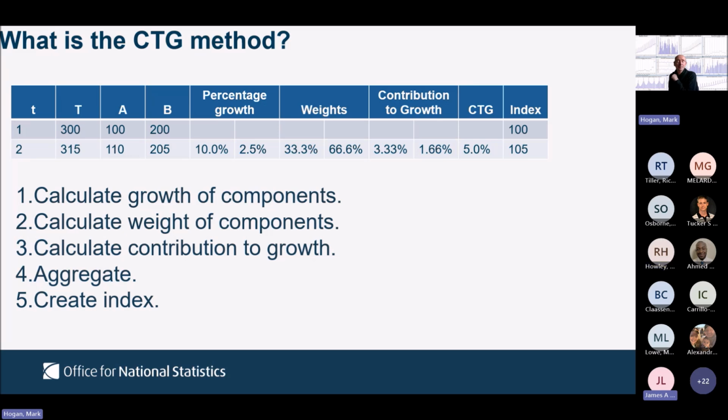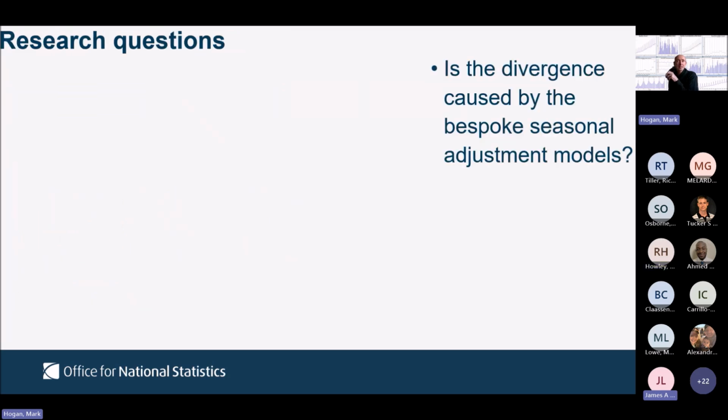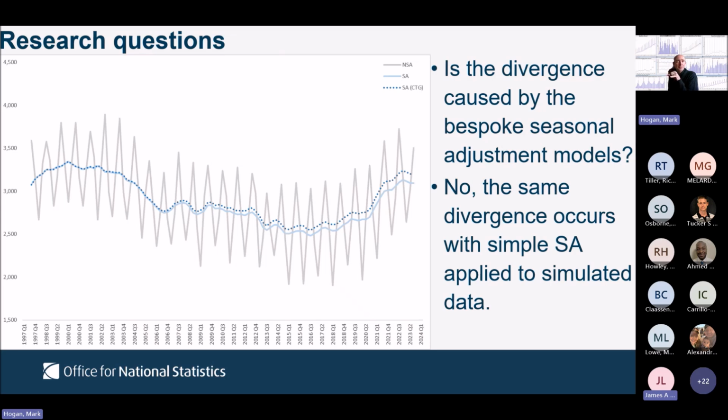My first question when I was researching this was whether there was something peculiar with the particular seasonal adjustment models I was using. So I simply applied a very simple set of moving averages to some simulated data, but I found that the divergence still occurred when I applied the contribution to growth method with seasonal adjustments. I then thought maybe it may be something to do with the indices. I know the Eurostat guidance mentions a known issue with Laspeyres-type chain-linked indices.